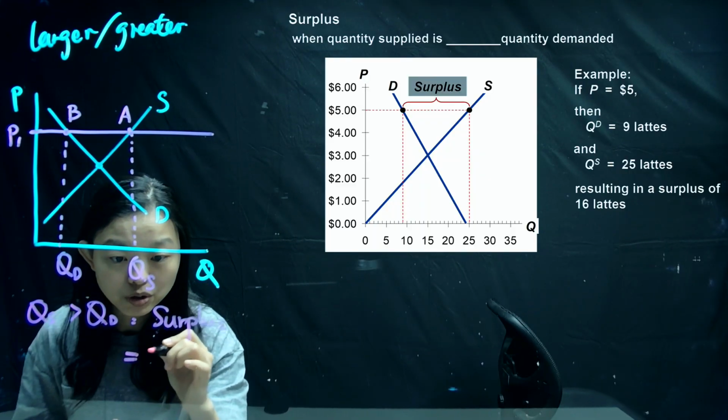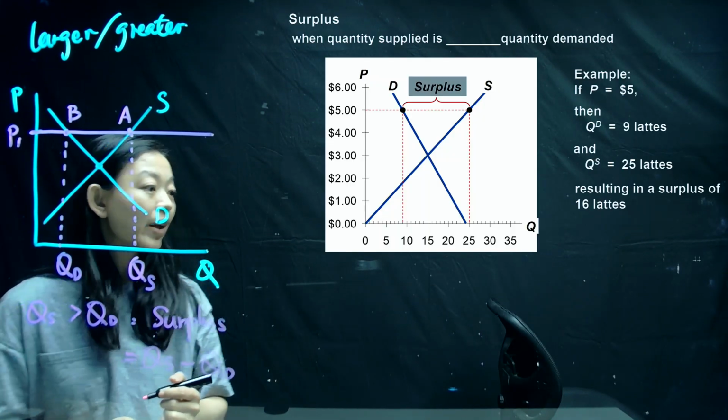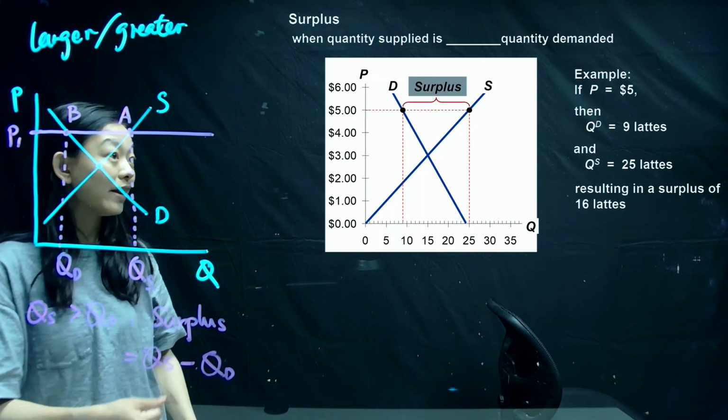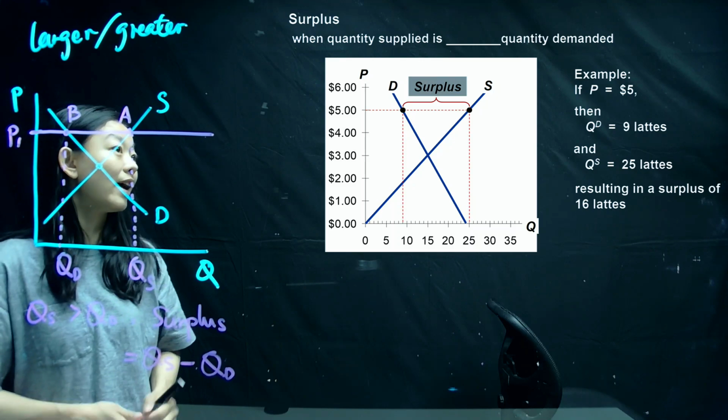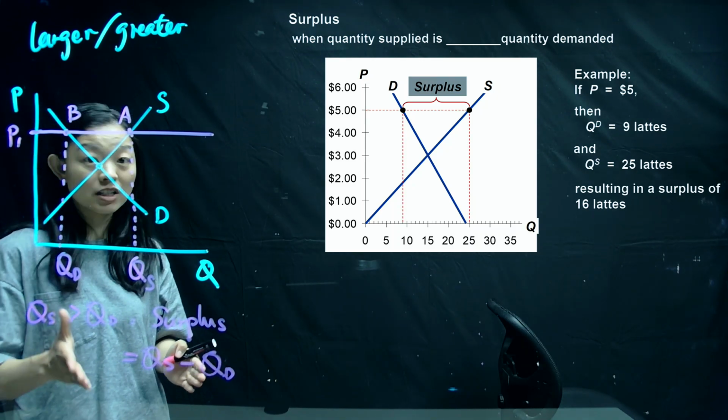The surplus equals quantity supplied minus quantity demanded. In this case, the quantity supplied equals 25 and the quantity demanded equals 9, so there are 16 units in surplus.